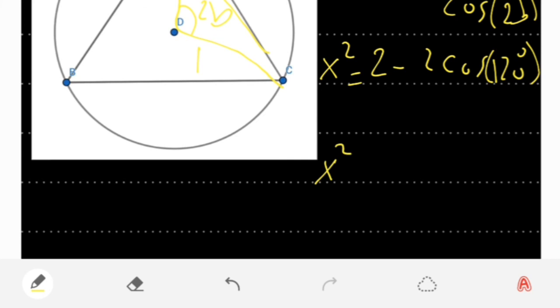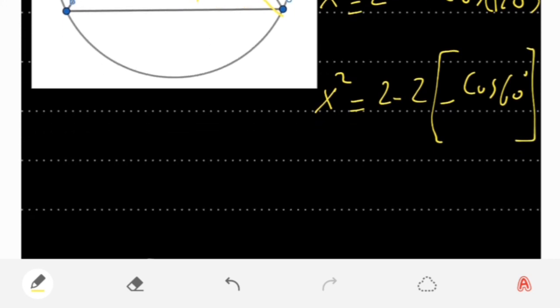So we have that x squared is equal to 2 minus 2 multiplied by cosine of 120, which is minus cosine of 60 degrees, okay? Cosine of 60 degrees is 1/2.